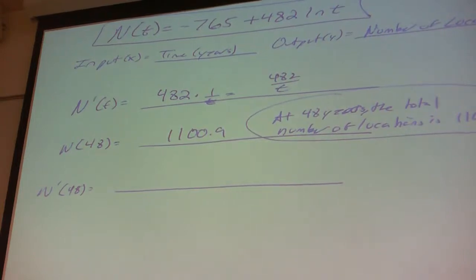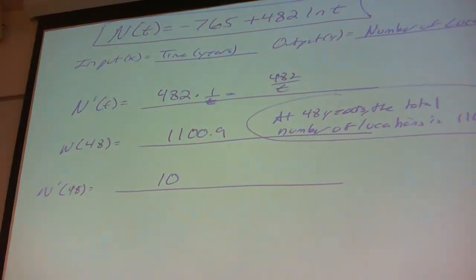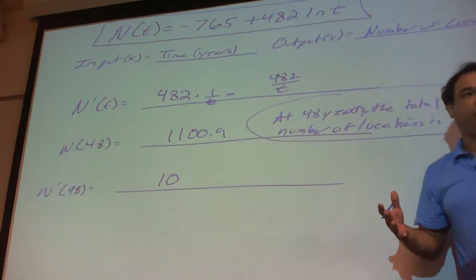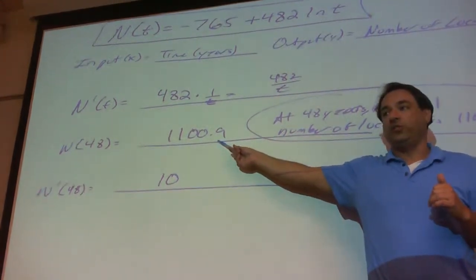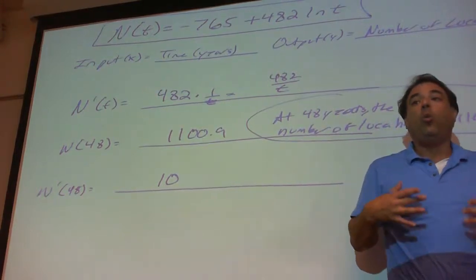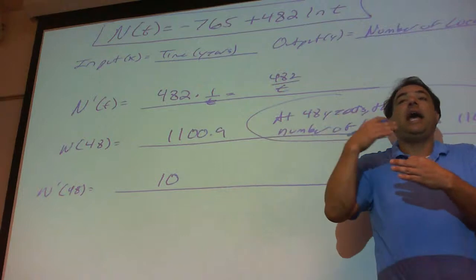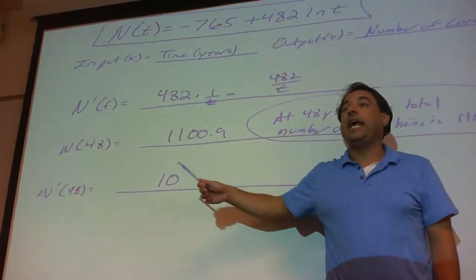Then we get 10.04. Let's just call it 10. What is 10 telling me? I have been doing this business for 48 years. I look great for doing this business after 48 years, okay? I now have 1,100 stores. Will I have 1,100 stores forever? No. What's going to happen next year? How is my business growing? Next year, I'm going to have 10 more stores.